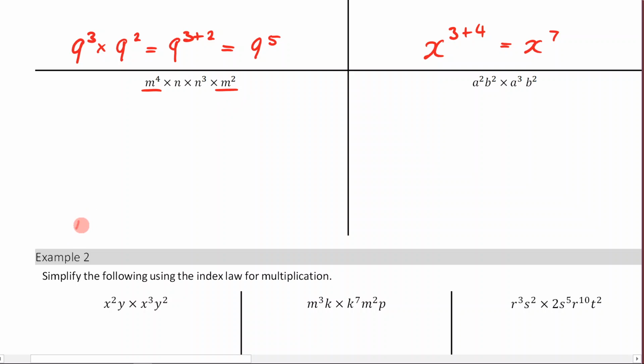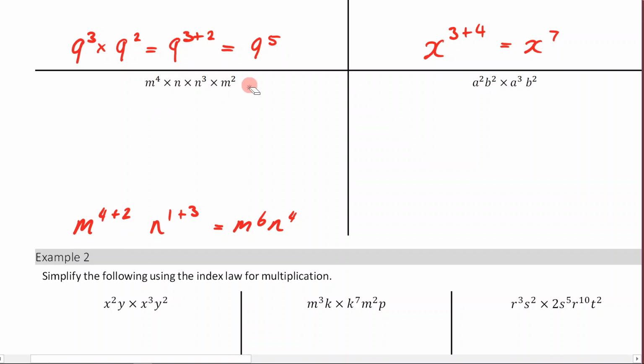So I'm going to go m to the 4 plus 2, and then I have n. Now this n here has an invisible 1 there. There's one of them. So n to the 1 plus, then I have a 3 here, 3. So that means my final answer is going to be m to the 6, and then here is going to be n to the 4. That's going to be my final answer.